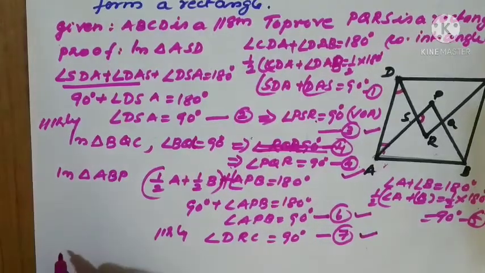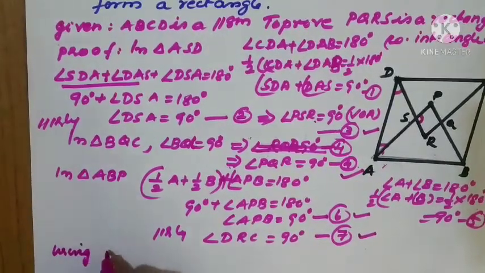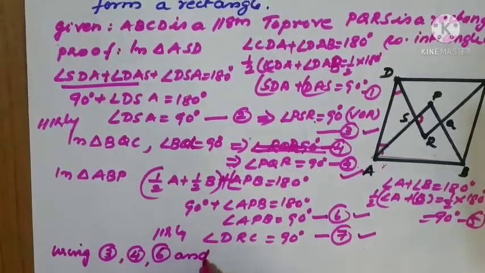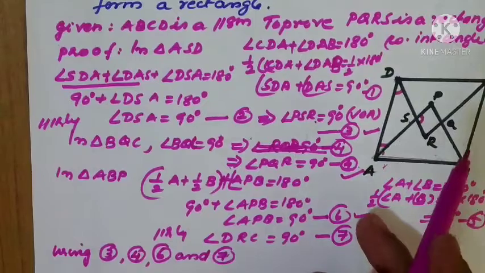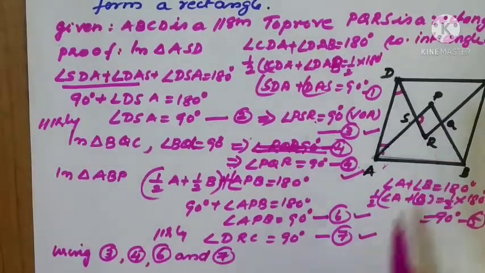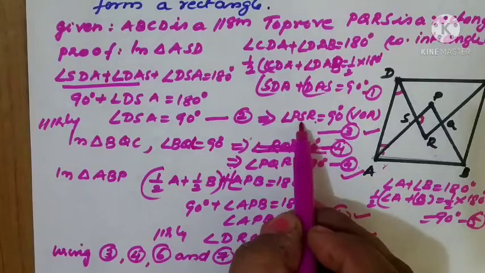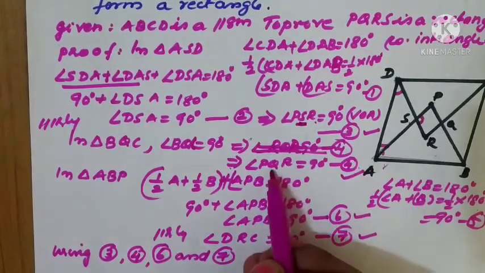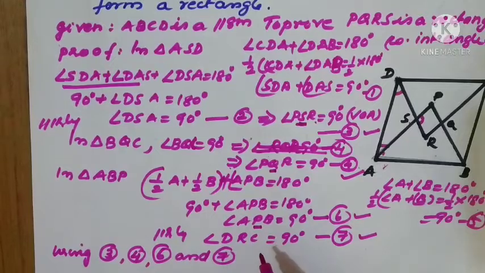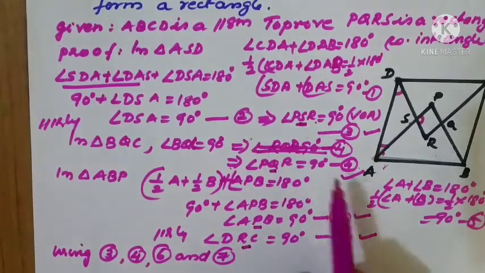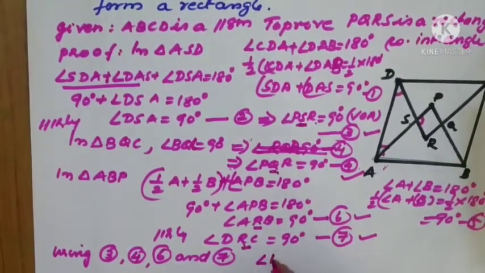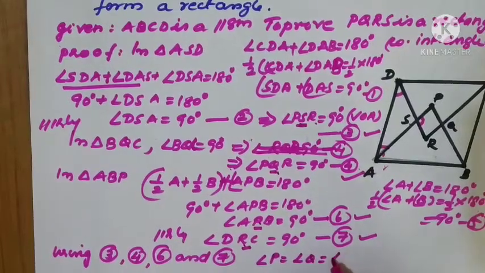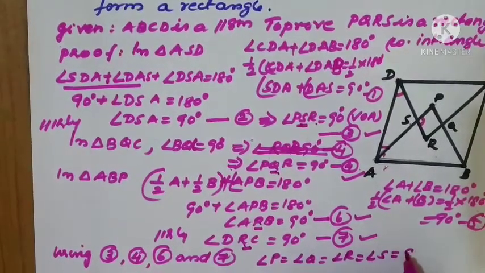So I'll take down using 3, 4, 6 and 7. If you want, you can see the middle letters P, Q, R, S. Correct? So angle P equal to angle Q equal to angle R equal to angle S equal to 90 degree.